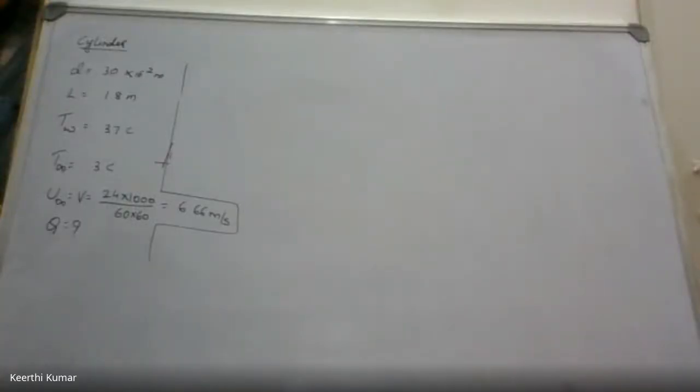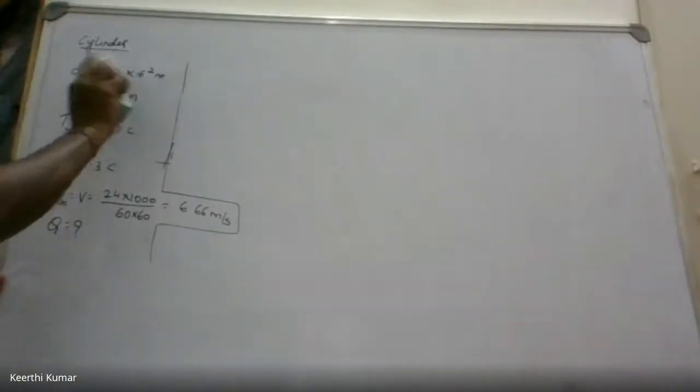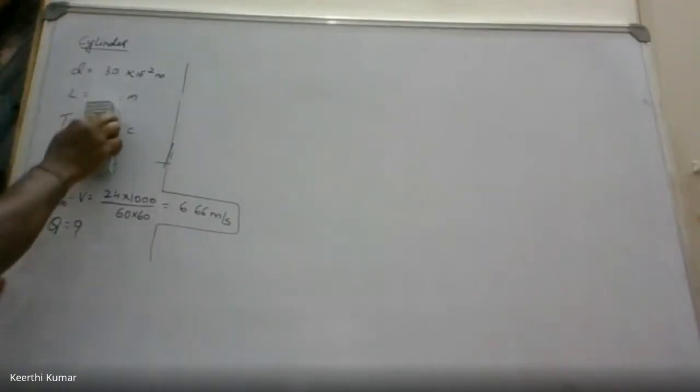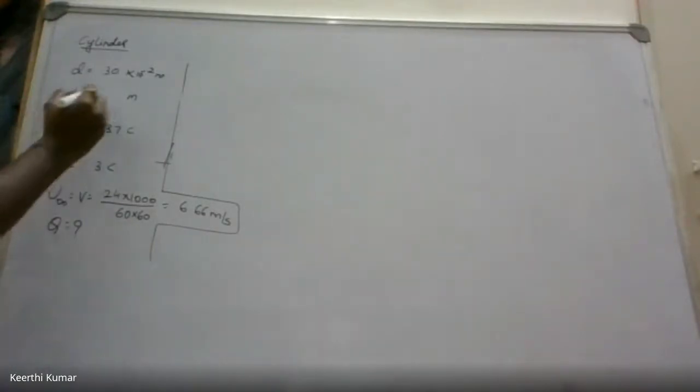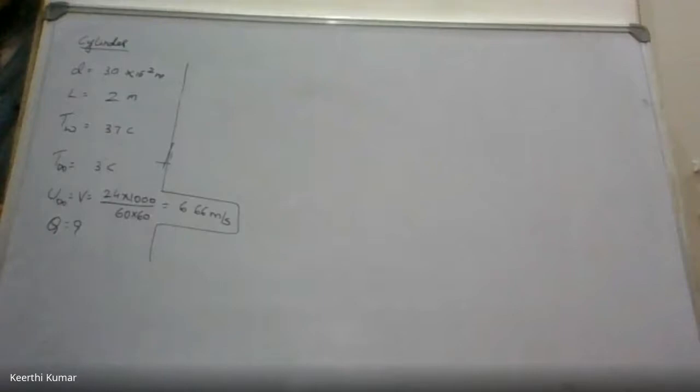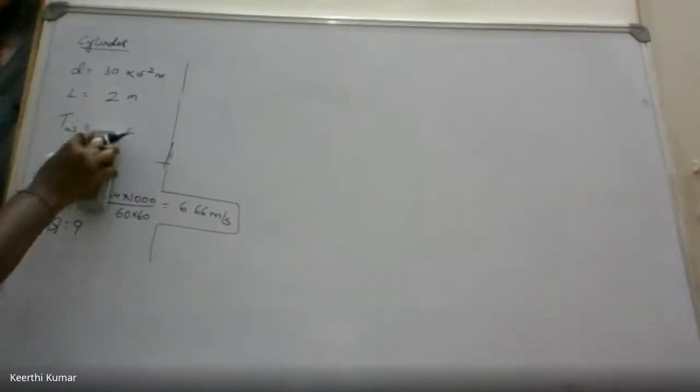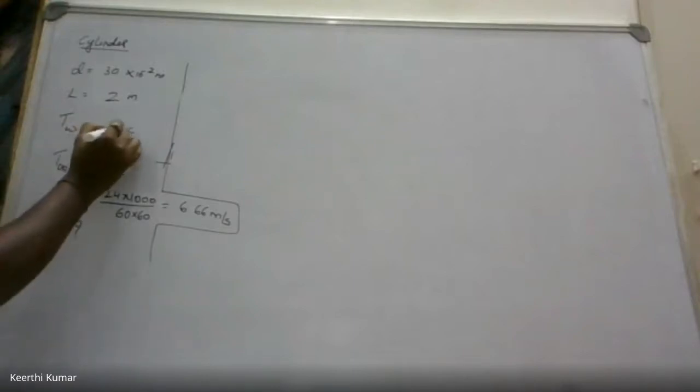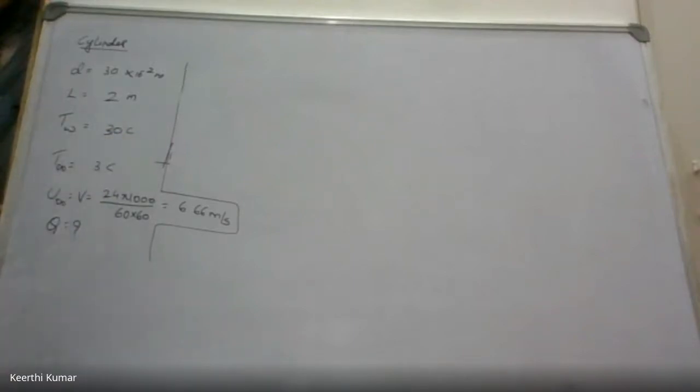He has given a vertical cylinder of 30 centimeter diameter, 2 meter length, with a temperature of 30 degrees centigrade. Instead of 37, it is given 30. It is placed in air.